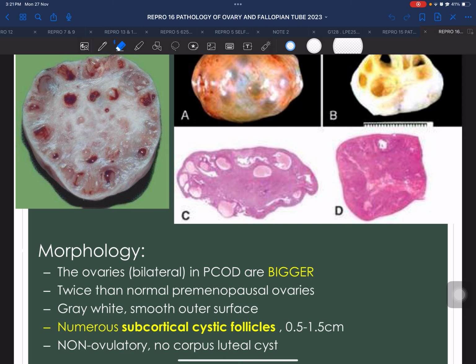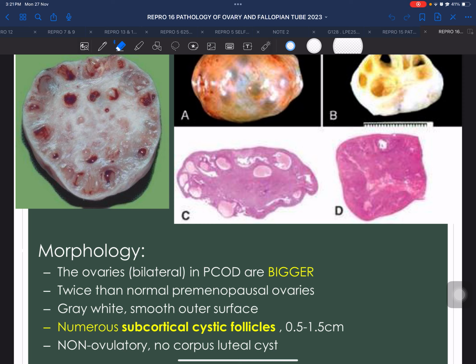Okay, and the ovaries are usually larger than the normal size, usually twice the normal size of premenopausal ovaries. And they appear gray-white with a smooth outer cortex. And you see numerous subcortical, so over the region of the cortex here, multiple subcortical follicular cystic lesions in the ovary.